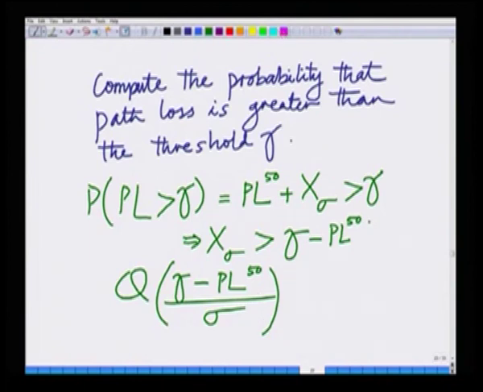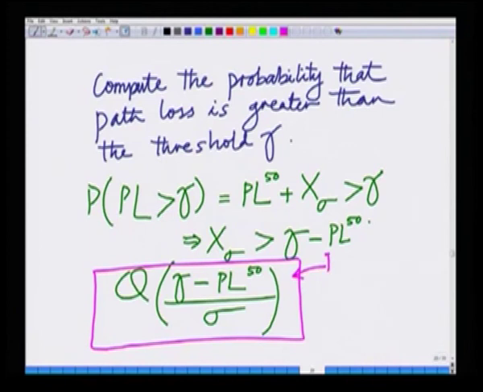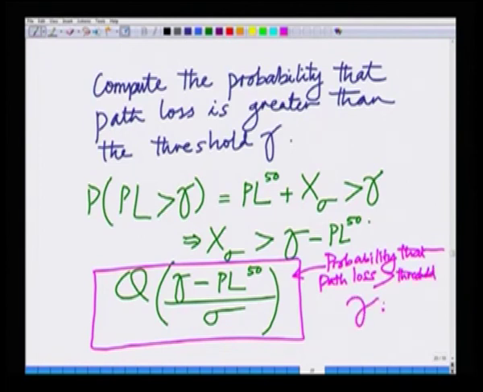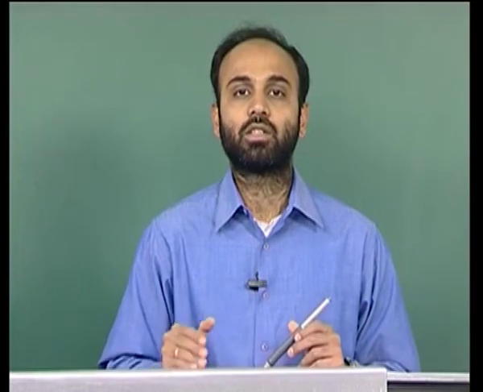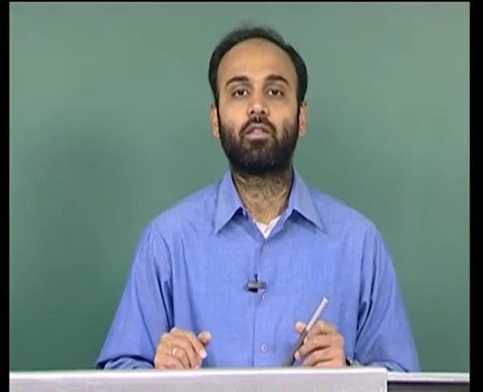This is the net probability that the path loss is greater than the threshold gamma, because the path loss is a random variable due to the random clutter environment.